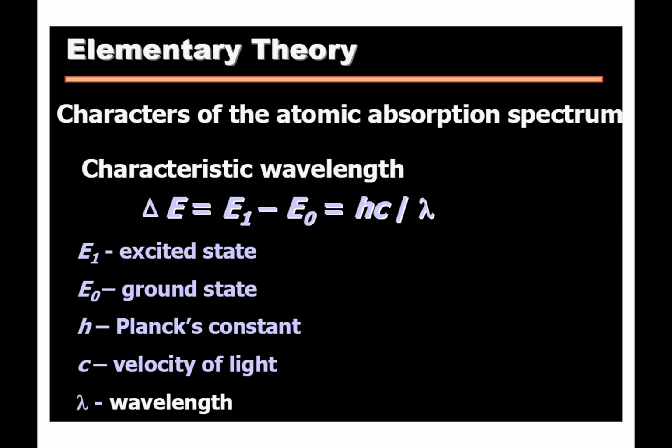So you will see part of this is what we have really covered. We've gone through this characteristic wavelength, that energy delta E. You notice it's going to be the excited state energy minus the ground state.